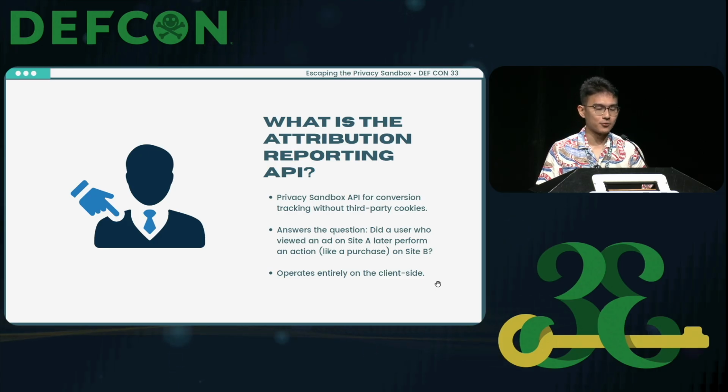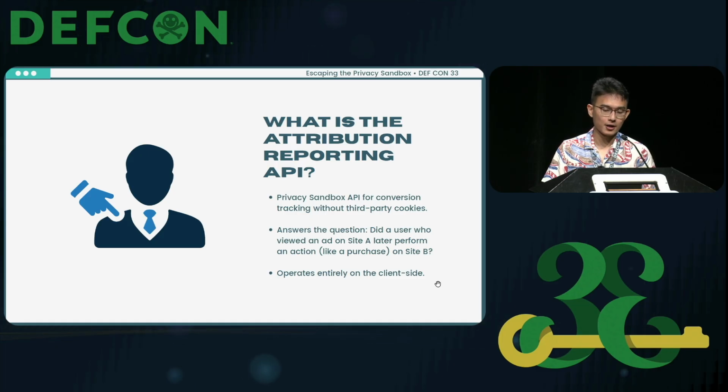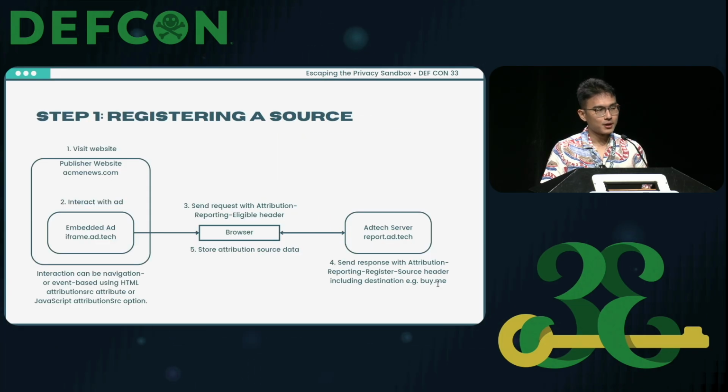So I'm going to break it down into a few steps about how this Attribution Reporting API works. Well, step 1 is obviously you have to first view the ad, and that's registering a source. So for example, you visit a website like the publisher's website, maybe a news site or some other site that's hosting the ad, and you interact with the ad in some way.